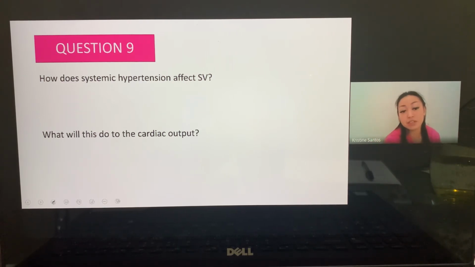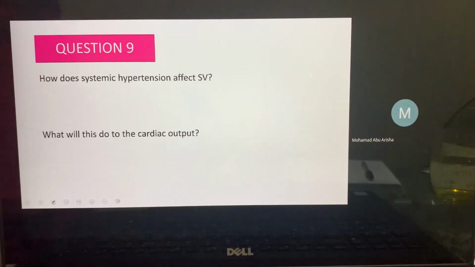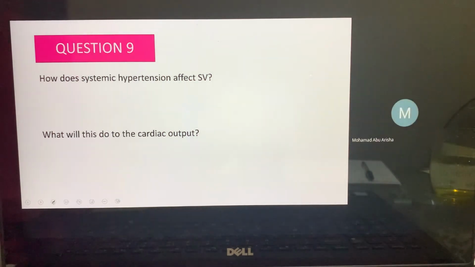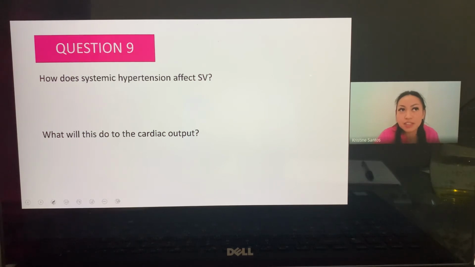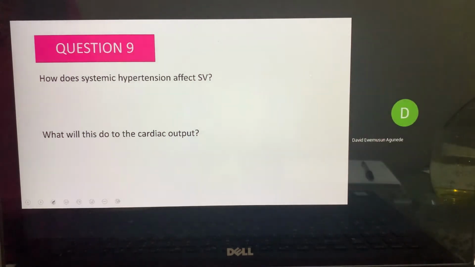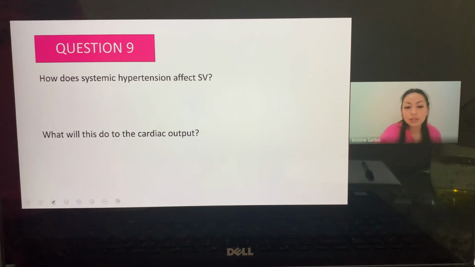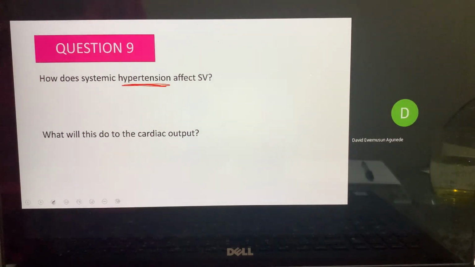Is it going to increase or decrease stroke volume if we have hypertension? Increase. Are you guys sure? Decrease?